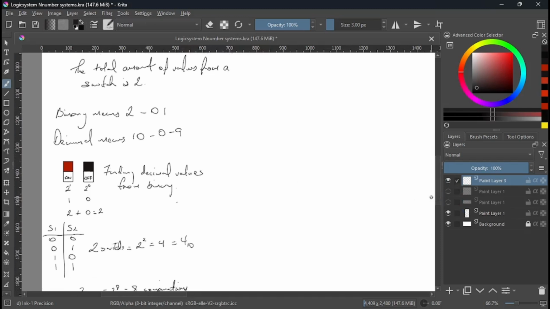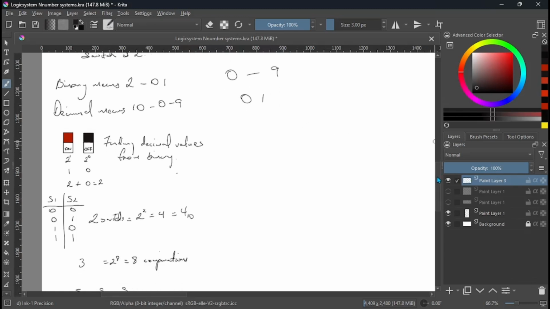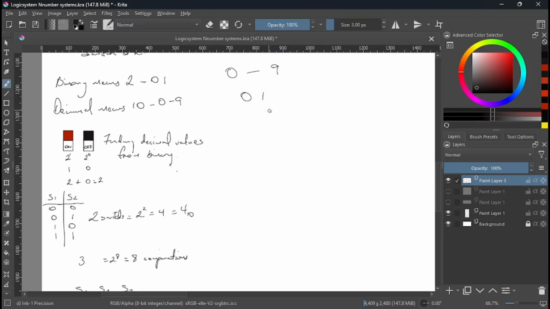And decimal means 10, and we're dealing with numbers 0 to 9. So 0, 1, 2, 3, 4, 5, 6, 7, 8, 9. Decimal here doesn't mean something like 7.03. We just mean anything from 0 to 9 is our decimal value.